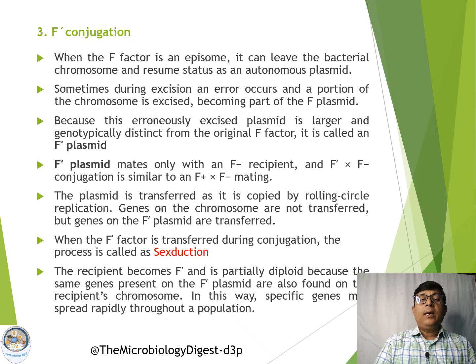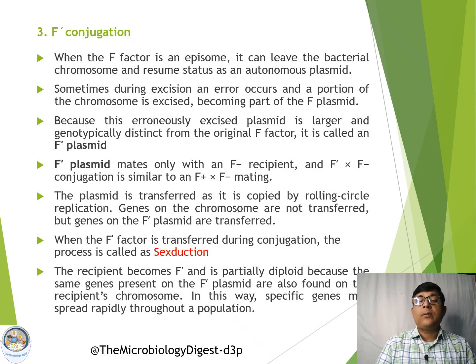But here also, genes which are present in the chromosome are not transferred. Only the plasmid genes are transferred to the recipient. When this F prime factor is transferred during conjugation, the process is called sexduction.